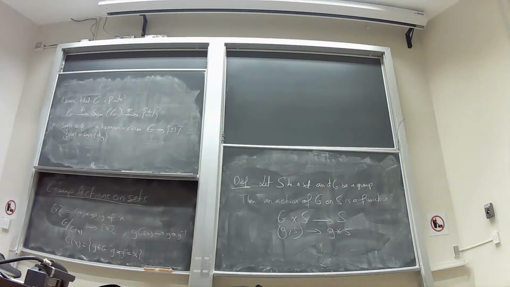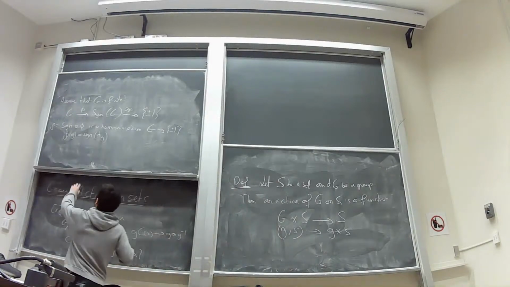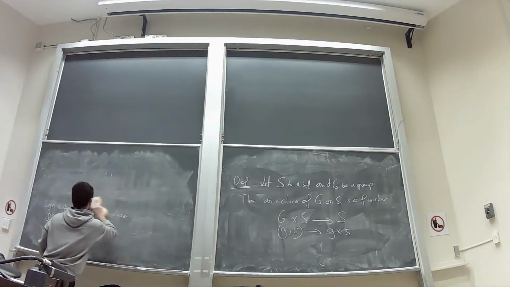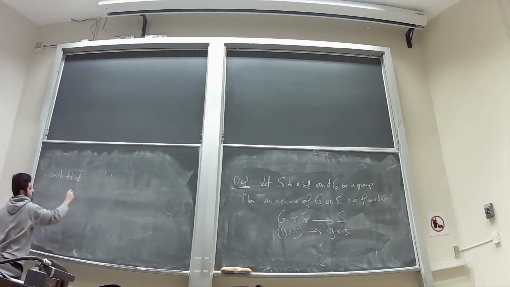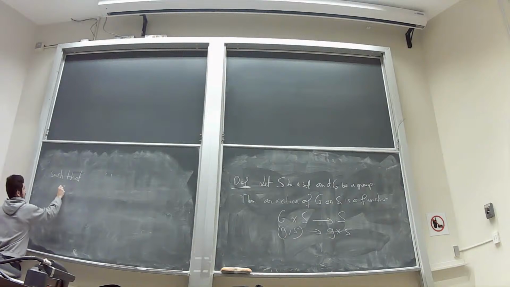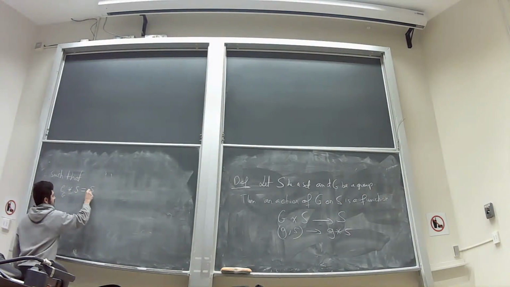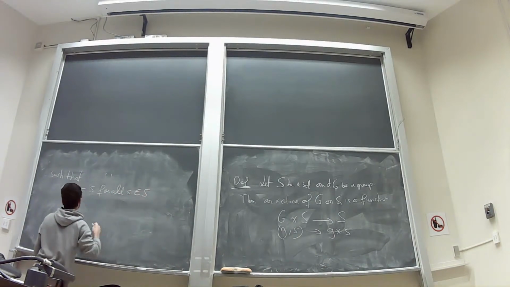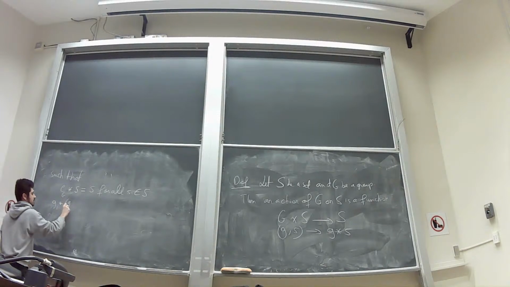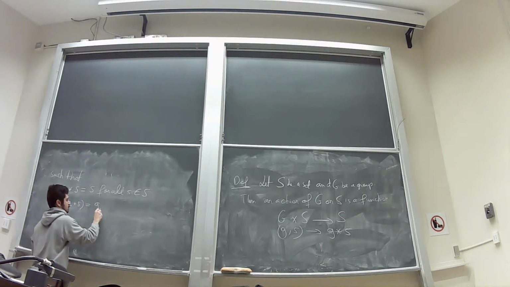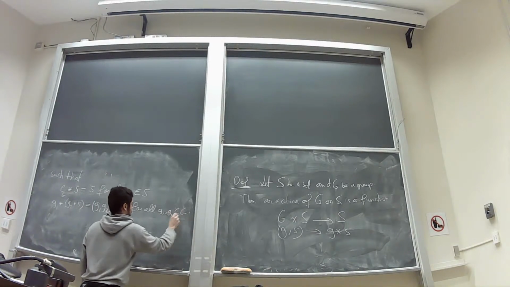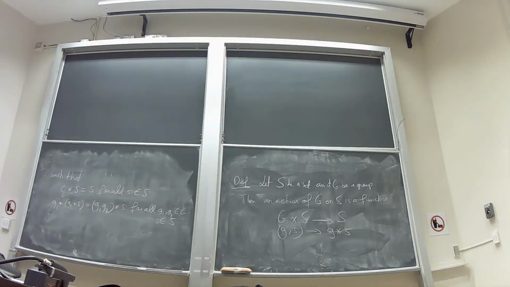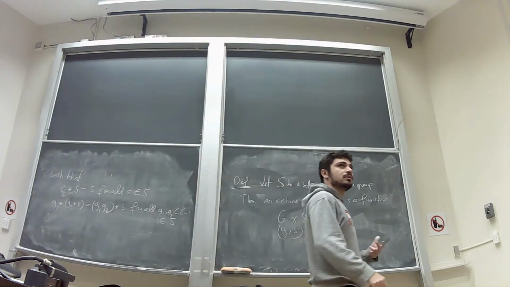It takes an element of G and an element of S, and gives you an element of S, which I'll call g star s, such that e star s is equal to s for all s in S, and g1 star (g2 star s) equals (g1 g2) star s for all g1, g2 in G and s in S. Okay, this is just a definition. Star is just a function from G cross S to S.